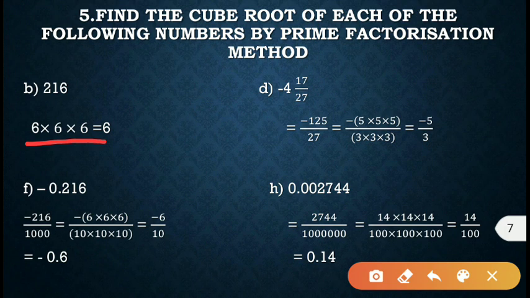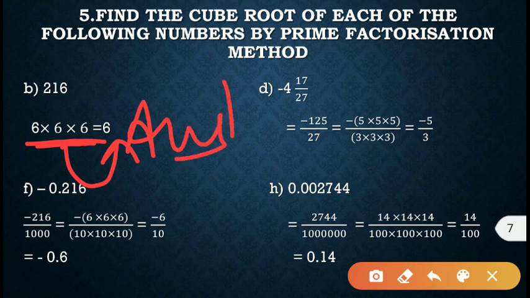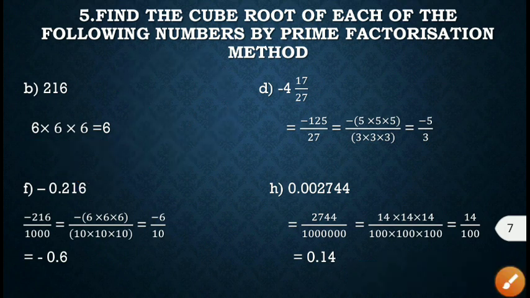Here we will make the pair of 3 digits. That's all. In the square root also, from each pair we were writing only one digit, and in the cube root also, from each pair we will write one digit only. That means 6 into 6 into 6 will make a pair, and from this pair we write one time only 6. That means 6 is the cube root of 216.